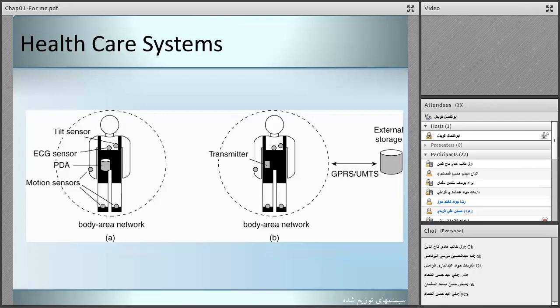So these sensors repeatedly collect information and data and send it to a server, to a master. So if the condition of the patient changed suddenly, then doctors will be informed. It is a healthcare system, and it is a type of pervasive system. Clear?